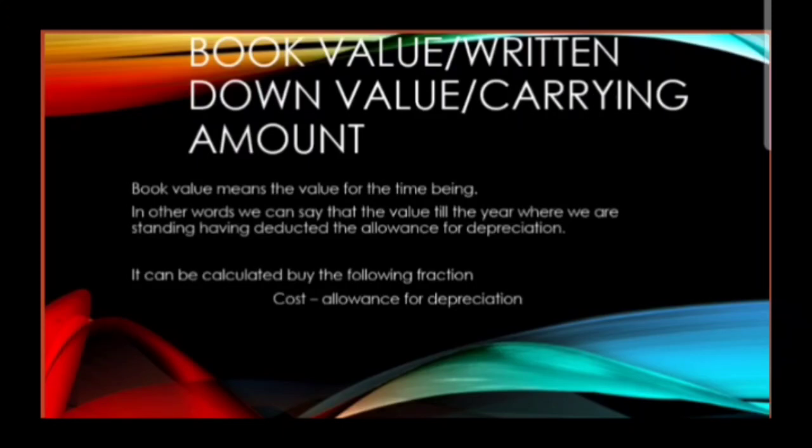So the formula to derive the book value is cost minus accumulated depreciation at the end of the year where you are standing. Means if you are standing at the end of year 2 and you want to calculate the book value, you will have the cost minus the total depreciation till the year end where you are standing.